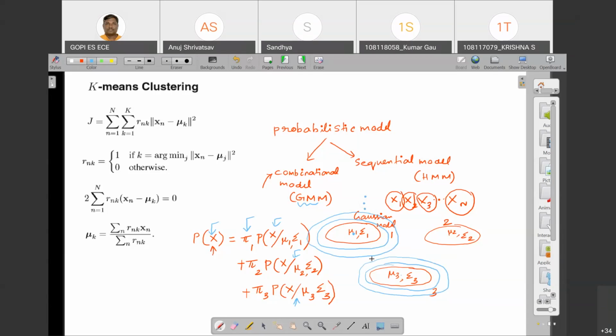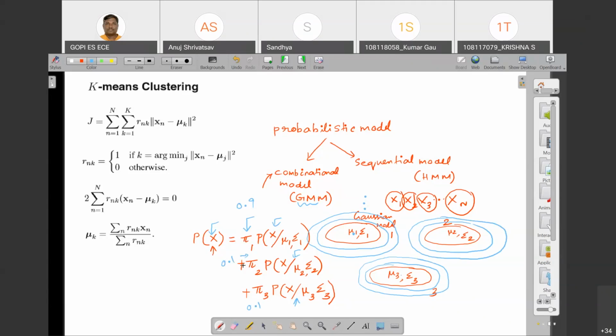We get regions where overlapping will also occur. So what I'm trying to say here is that all these three Gaussian models are responsible for generating this x, and the probabilities pi1, pi2, pi3 give you the information about which is making the most important contribution to that generation. Suppose pi1 is 0.9, and the others are 0.1 each.